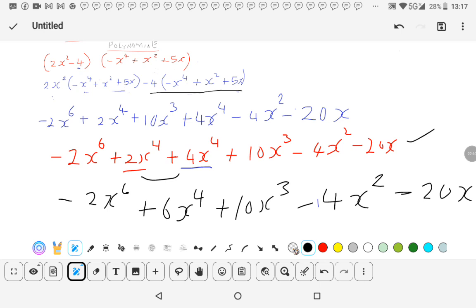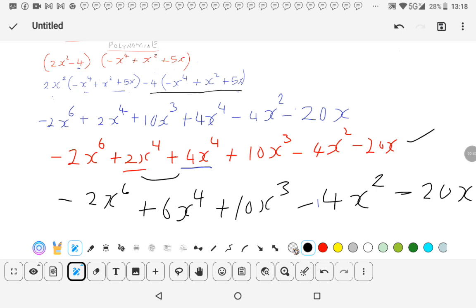So in summary, you have to take the first value and multiply it with every term of the given polynomial, then also take the next value and multiply it with every term of the other polynomial. After it, you collect like terms, that is arranging them from the number that has a higher power down to the number that has the least power.